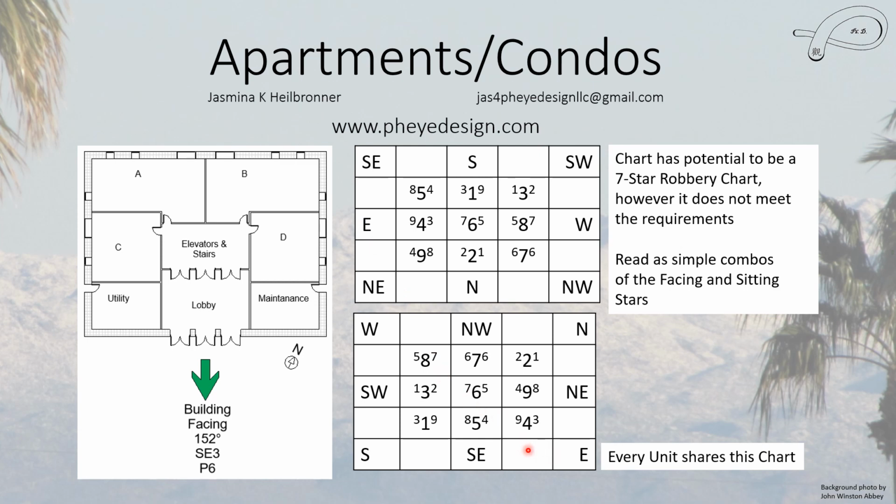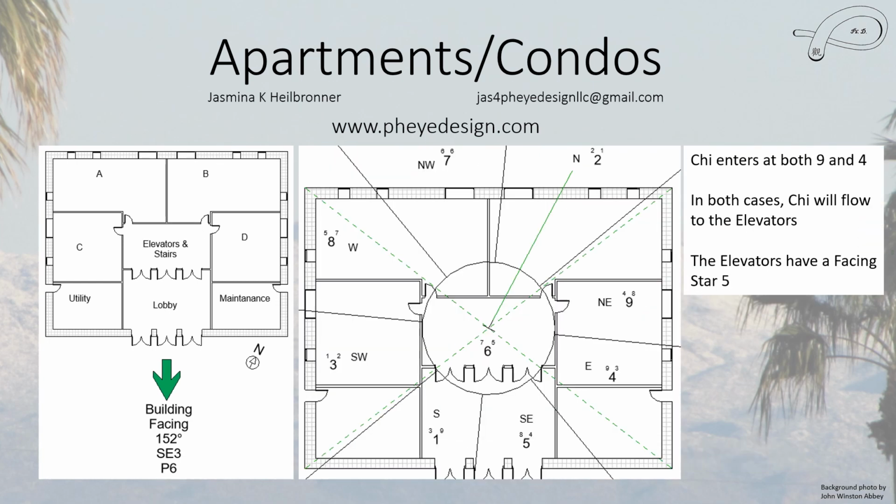Actually, the pie chart is a little better, but every unit shares the same thing. And you would lay it over this, north is that way. It lays directly over this and over each apartment without rotating. So let's look at the building as a whole.